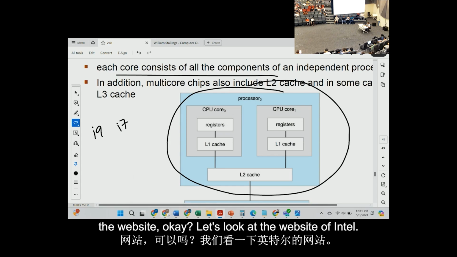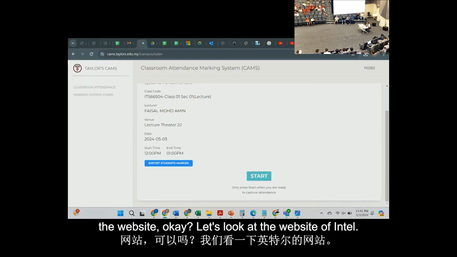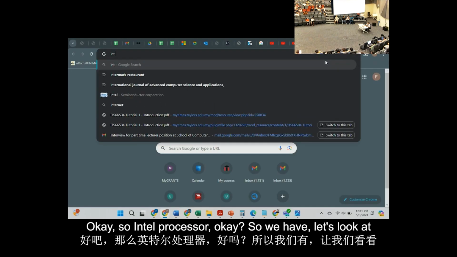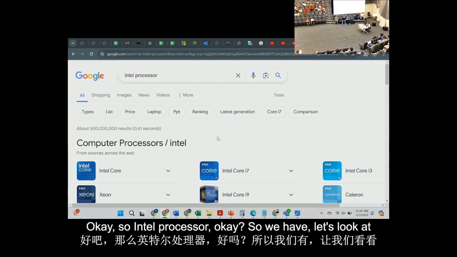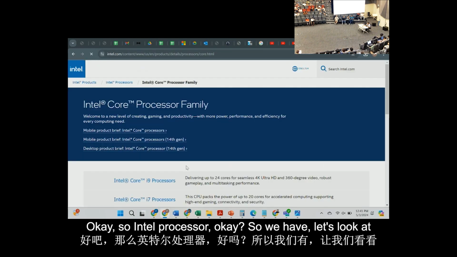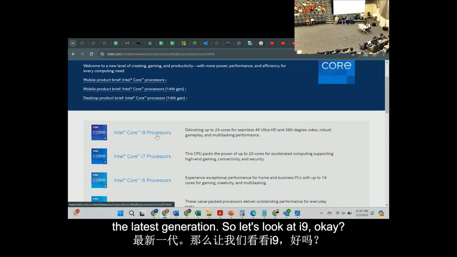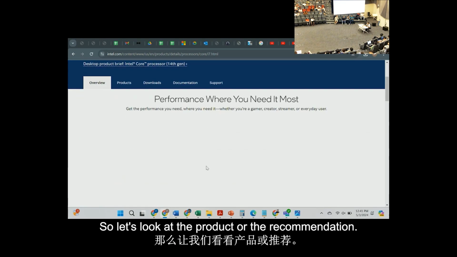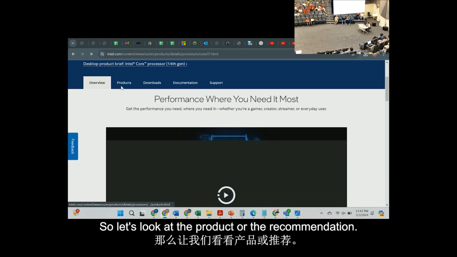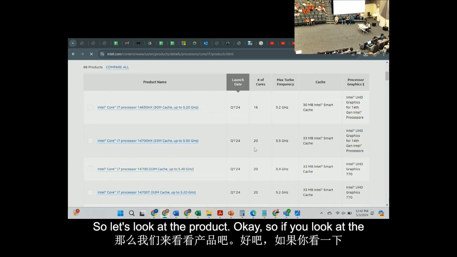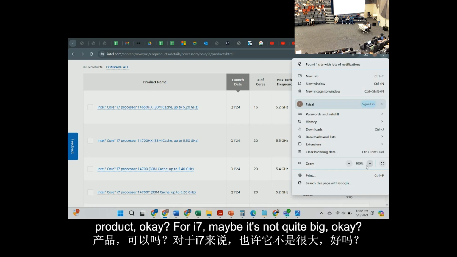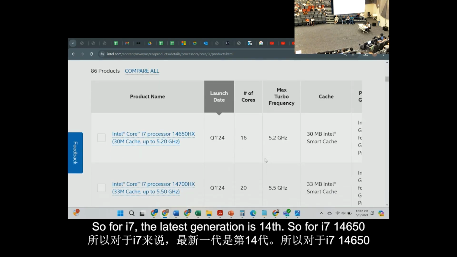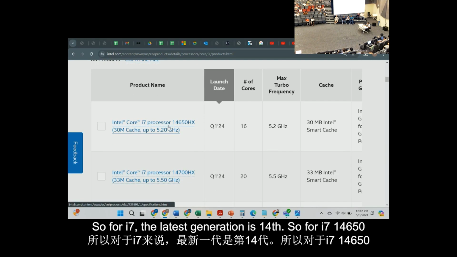Okay, so let's look at the website of Intel. Intel processor. Let's look at the latest generation, so let's look at i9. Let's look at the product or the documentation. For i7, the latest generation is 14th.